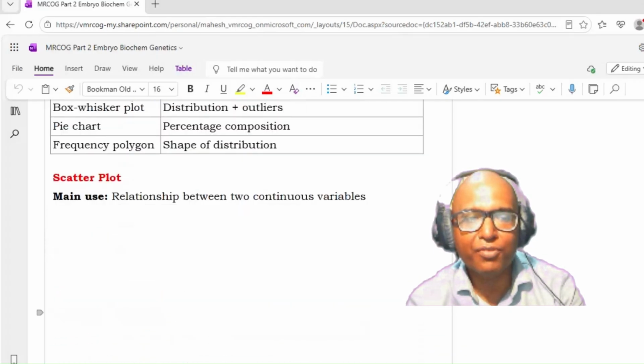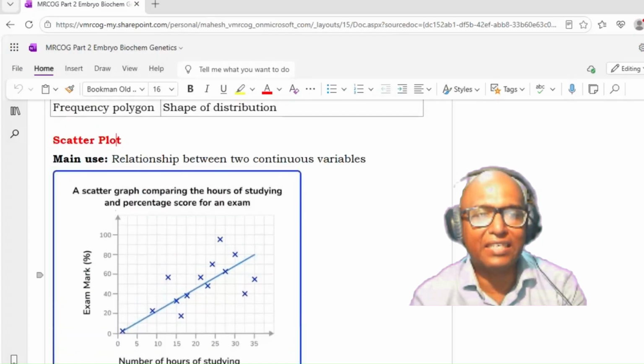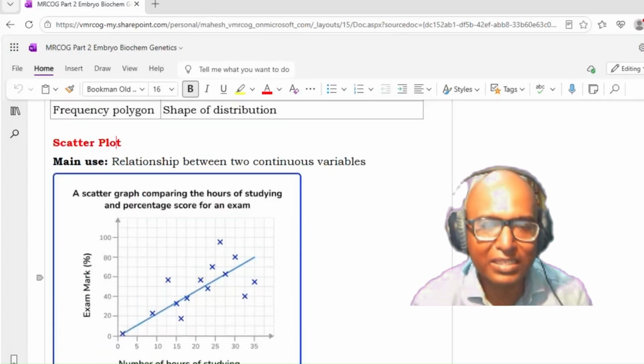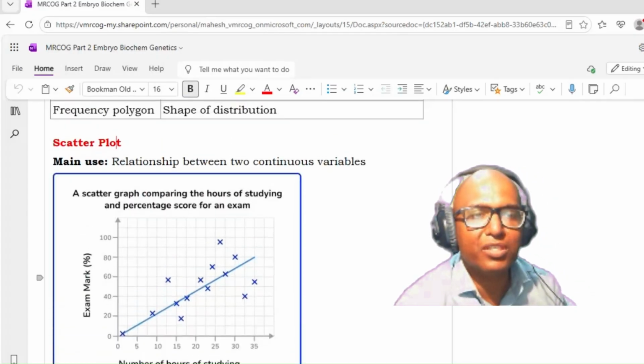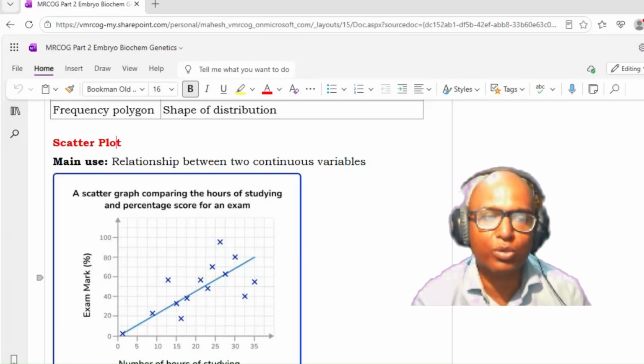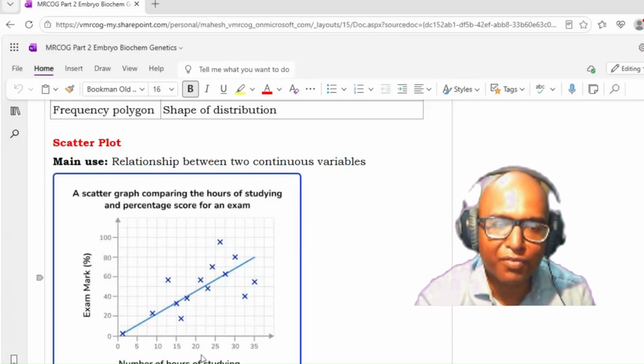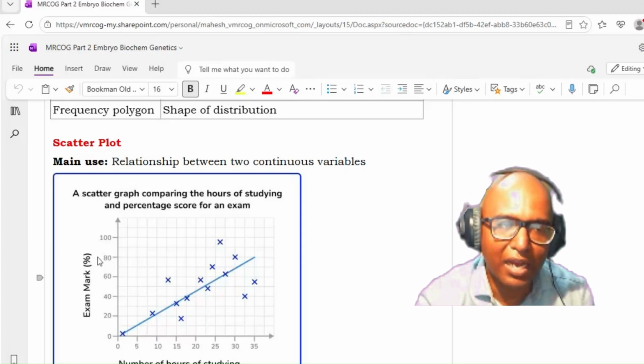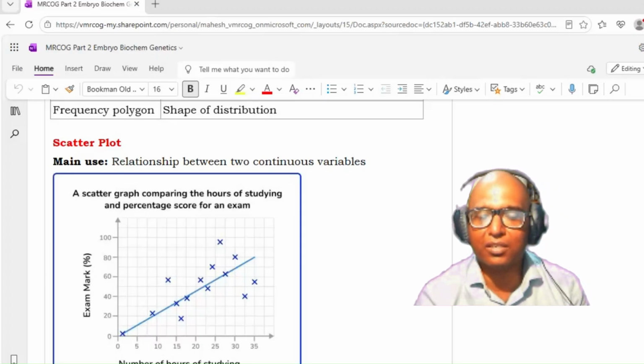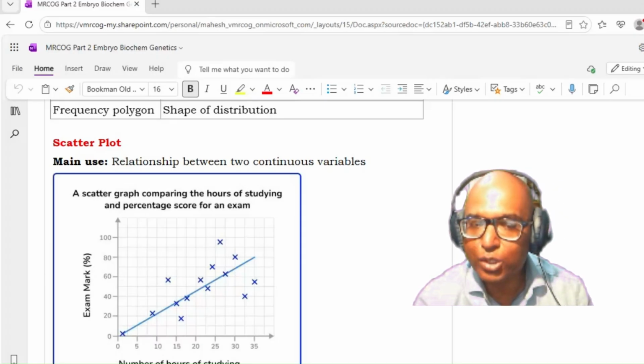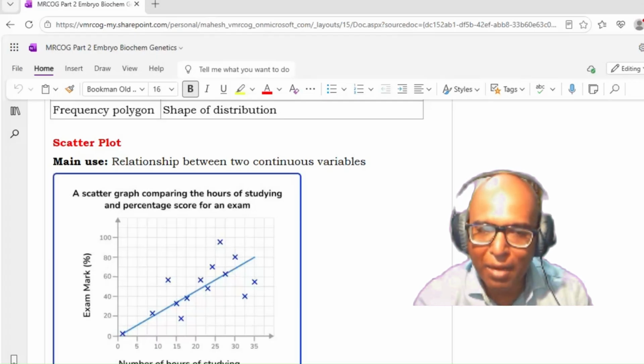Now first we'll talk about the scatter diagram, the scatter plot. The main issue is the relationship between the two variables. Here it is the number of hours of study, and here the exam mark. So we are studying two variables, number of hours and marks obtained.